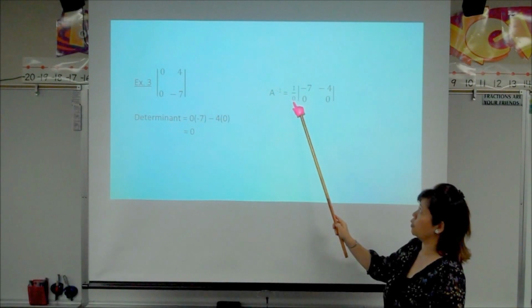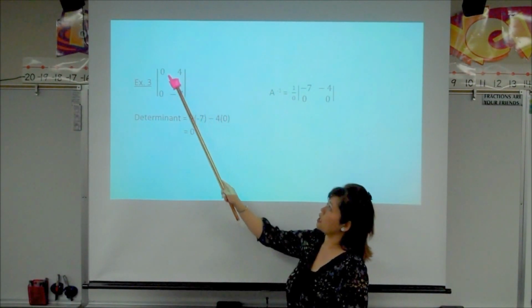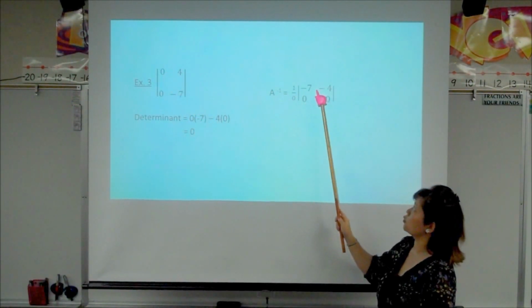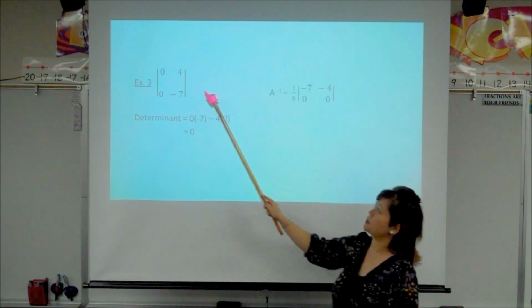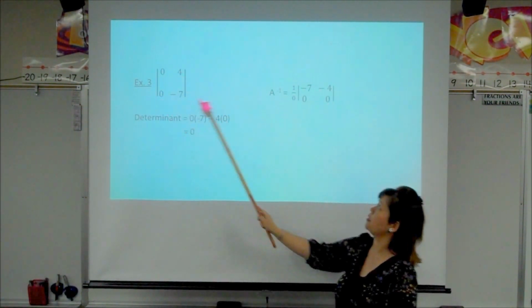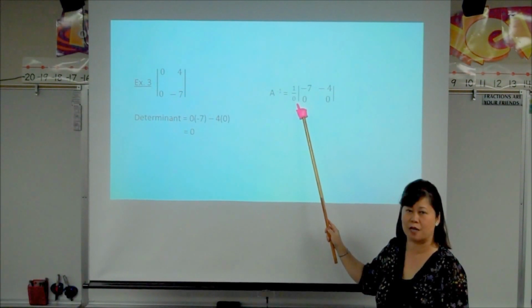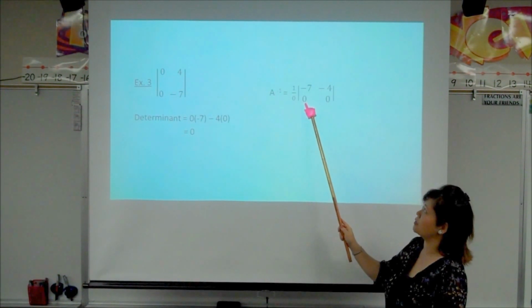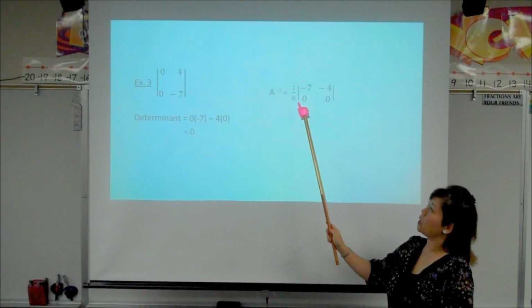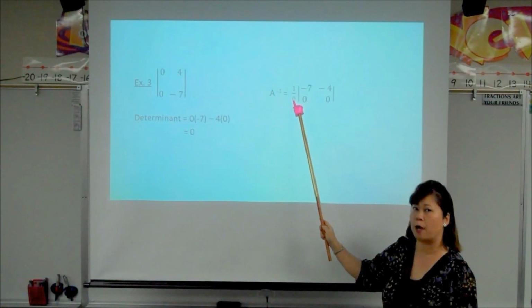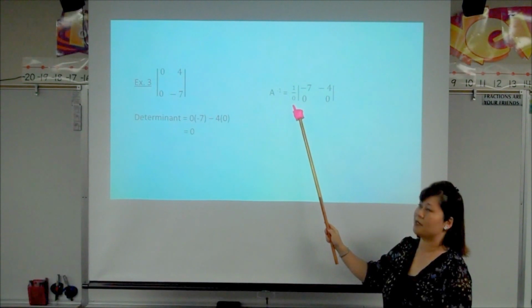Okay, so we put in 0, and then I'm going to go ahead and switch these guys right here, the positions, switch the positions right there, opposite signs right there, right? You can't have a negative on a 0, so 0 is neutral, it's not positive or negative, so we'll just leave it as 0 right there, okay? So when I'm ready to distribute this, here's our problem. We have this 1 divided by 0.